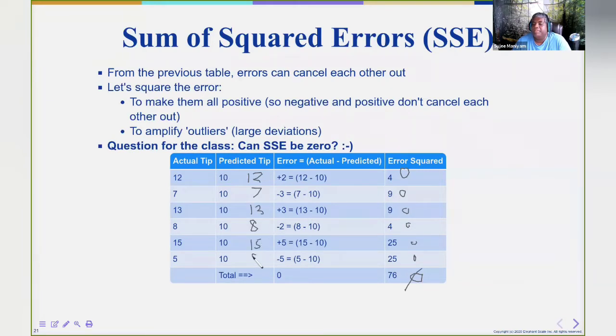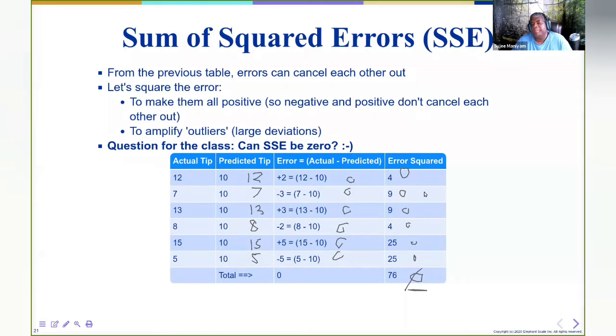So if my model can exactly predict the actual tip, then my delta is 0, and when you square 0, you get 0. Everything is 0, square them, still 0, and then you add them up, 0. So a perfect, 100% accurate model gives me 0. Very unlikely, we hardly ever get this, but there's a tiny probability it can happen. So if you manage to develop a perfect model, yes, the sum of squared errors is 0.